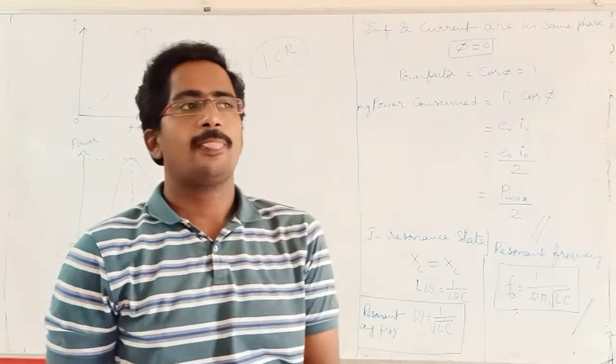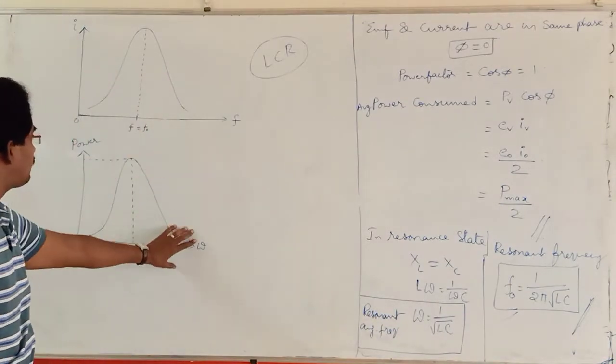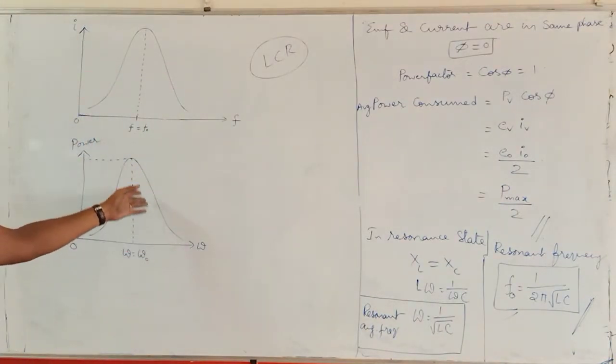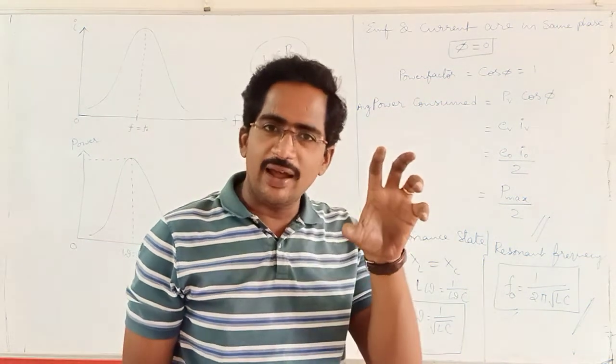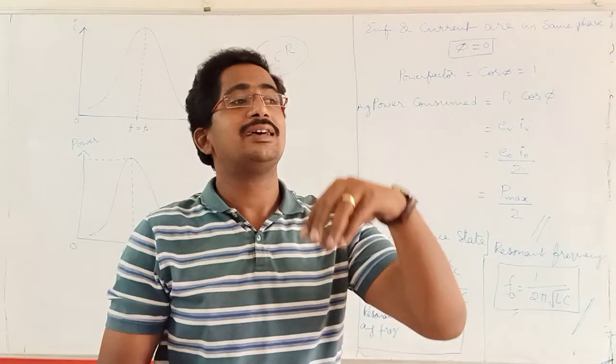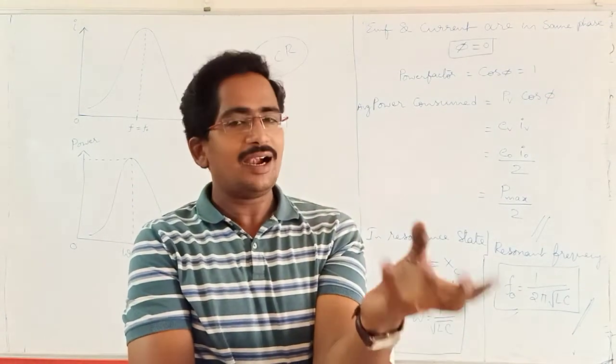Like that, whenever we plot the graph for frequency and current, and angular frequency and power, we get that curve. Now, what is the use of quality factor? What information will it give us? That I am going to tell you.